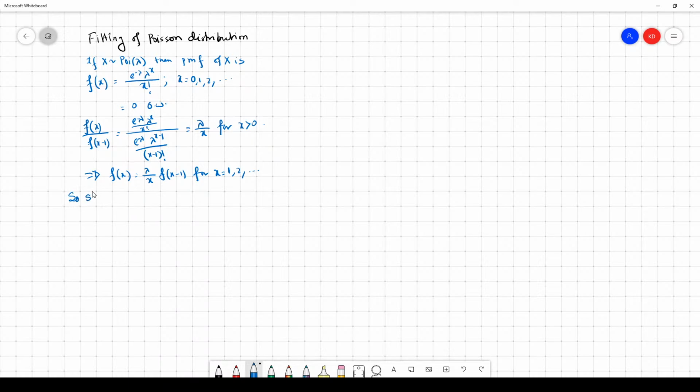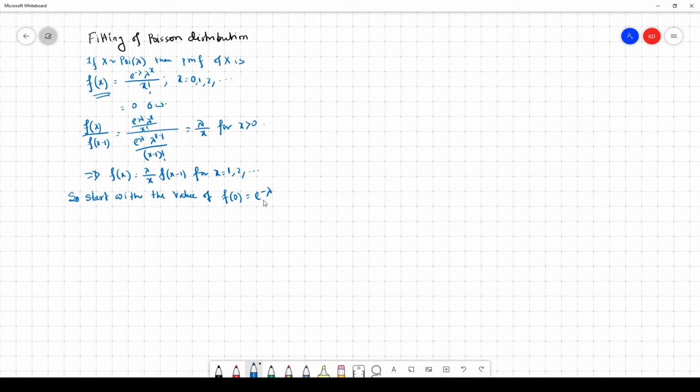Okay. So start with the value of f(0), which is equal to e to the power minus lambda. If you look at the PMF function, then you will easily get this.